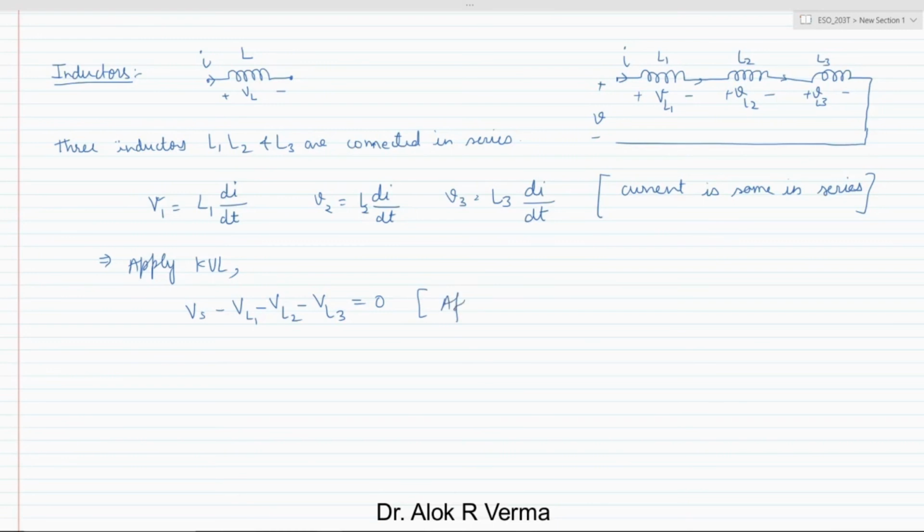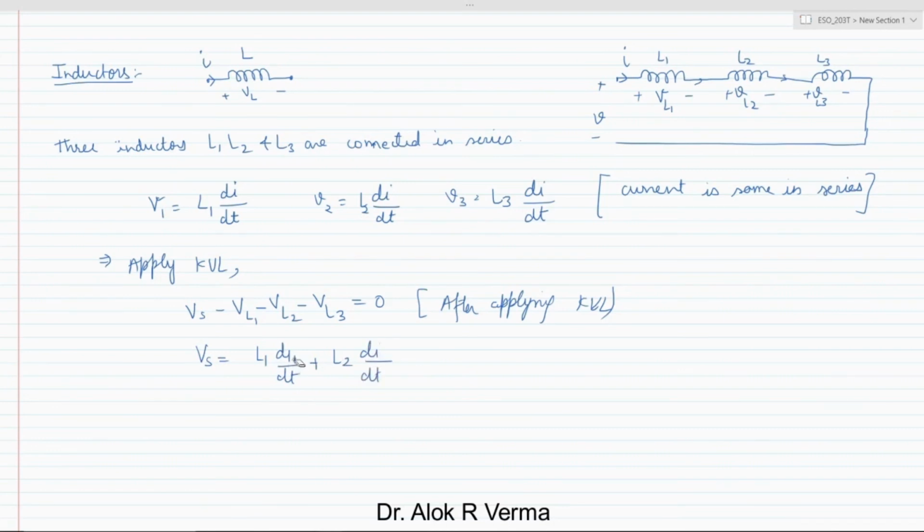So after applying KVL, now from here replace the values of all VL1, VL2 and VL3 from the expressions written above. So Vs is nothing but L1 di1 by dt plus L2 di by dt.